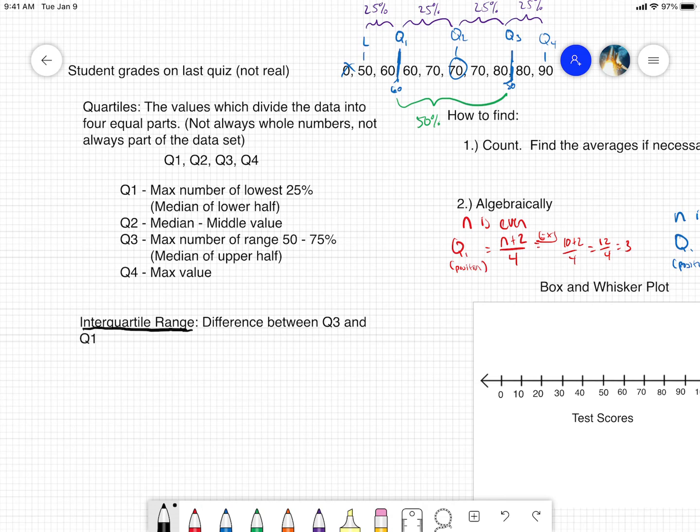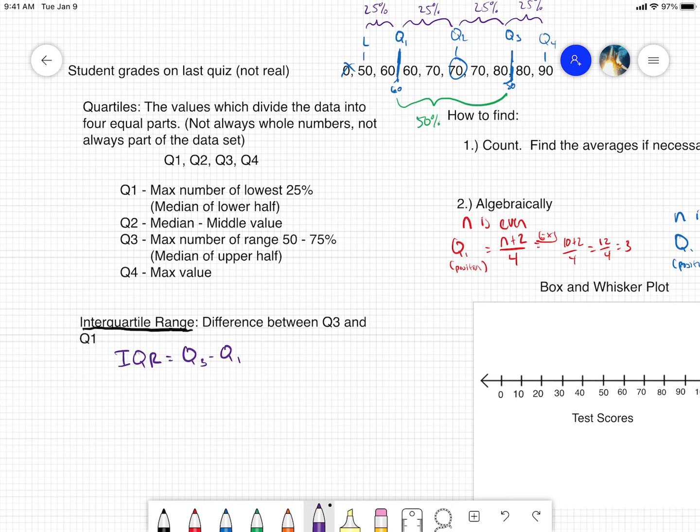The interquartile range, all right, is essentially just the difference between Q3 and Q1, okay? So in other words, the interquartile range is equal to Q3 minus Q1.